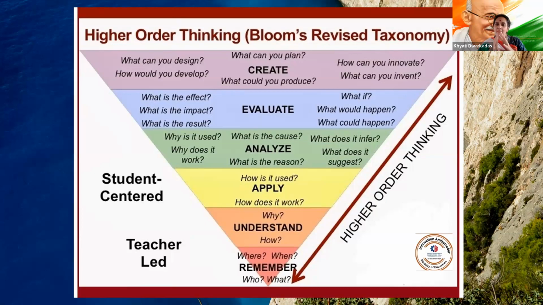And finally, we come to the topmost level, the highest order of the cognitive domain, which is create. What could you produce? What can you design? How would you develop? What can you innovate? How can you innovate? What can you invent? There is so much.